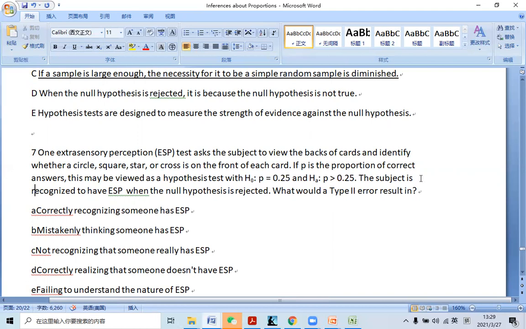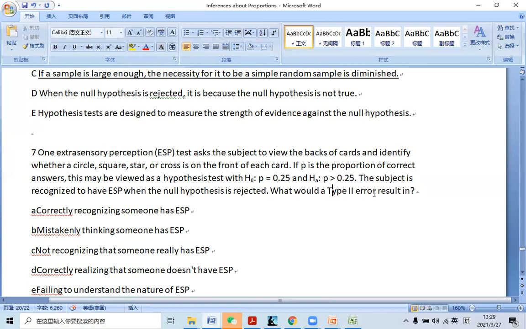And the subject is recognized to have ESP when the null hypothesis is rejected. When your evidence shows that the true proportion of correct answers by these guys is larger than 1 in 4, you can reject the null hypothesis. And you can recognize that, okay, the guy really has extrasensory perception.